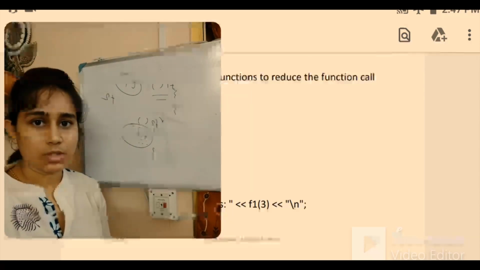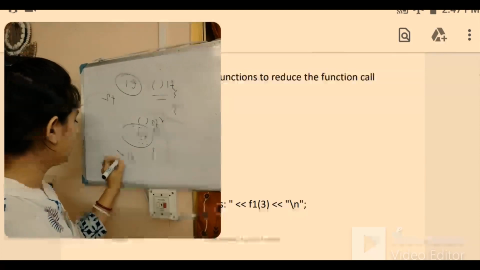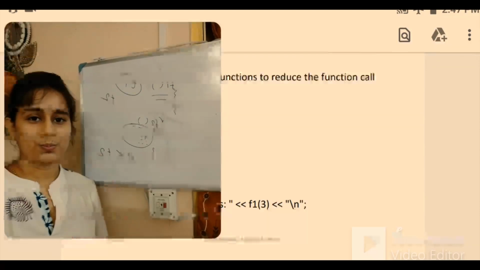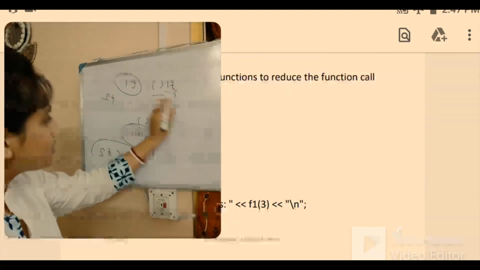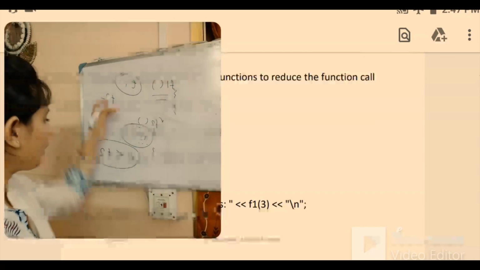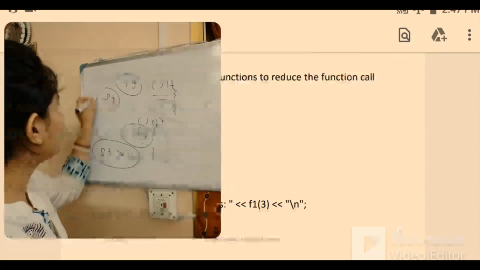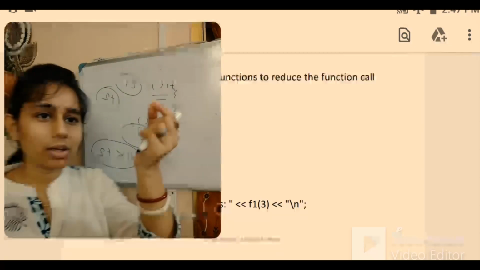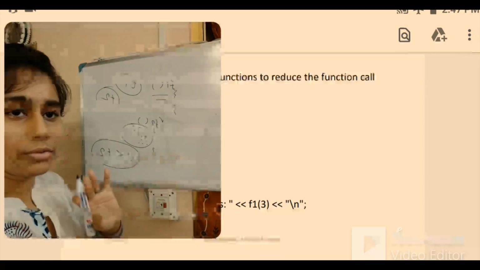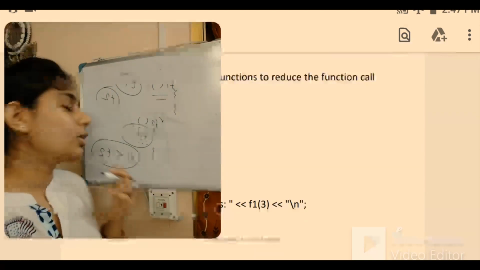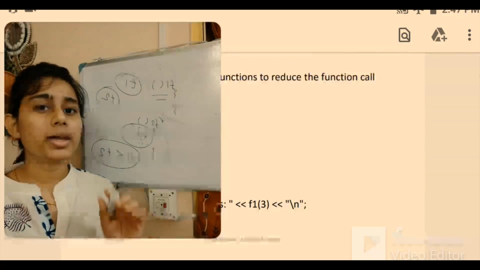Think about a situation where t1 is less than t2. To execute a small thing you have to do all this, and it takes t2 time. So you are just doing a simple thing, but for this you have to do lots of things, which is basically the overhead. To overcome this problem we use the inline function.